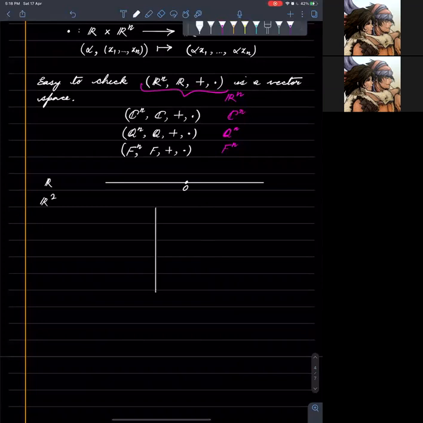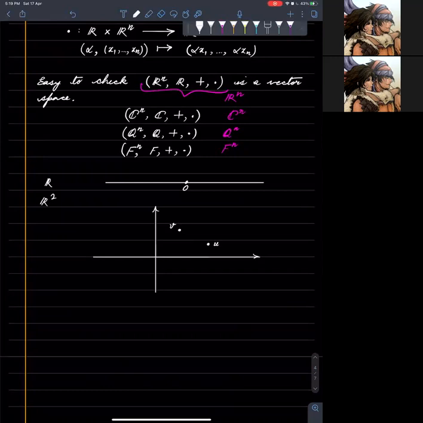Suppose we are given two vectors. Suppose I have a point in R2 here and a point here. Let's call this point U and let's call this point V. These points are vectors. In high school, we are usually taught that a vector is something that has, I don't know, direction and a length.